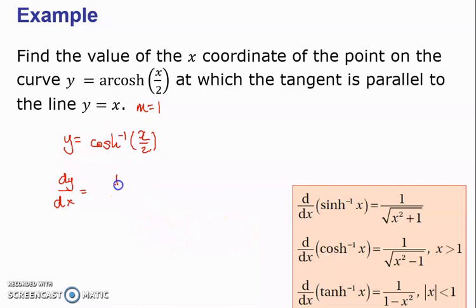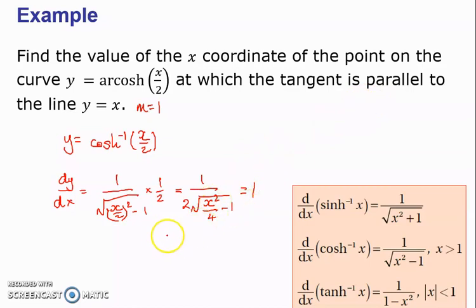It's going to become 1 over the square root of x over 2 squared minus 1 times by the differential of x over 2. That's like half x, so times by a half. So that's 1 over 2 square root of x squared over 4 minus 1. Now it says that is equal to 1 because it's parallel to it.